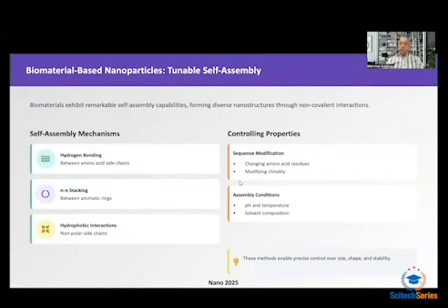Biomaterials exhibit remarkable self-assembly abilities, forming diverse nanostructures through non-covalent interactions like hydrogen bonding, pi-pi stacking, hydrophobic interactions, etc. At the same time, changes in environmental conditions such as pH and solvent composition also have an effect on particle size, shape, and stability.